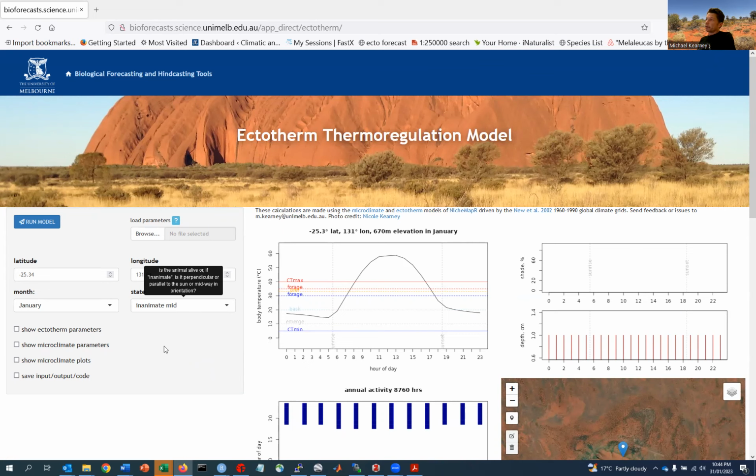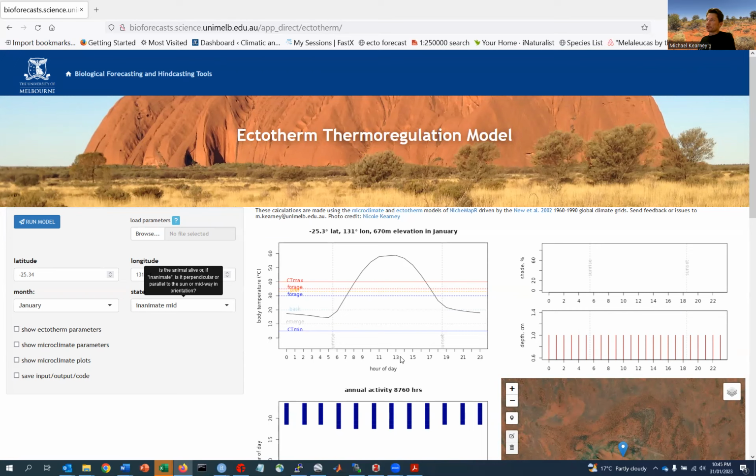It's calculating the solar radiation going in, the infrared radiation coming in, the solar radiation going out. It's calculating the convection driven by the wind speed and the air temperature. It's calculating any evaporative cooling and any conduction with the surface. So, a full heat budget of the organism.